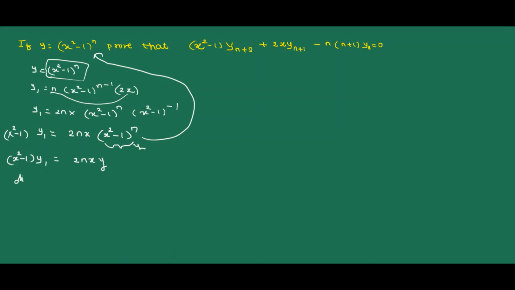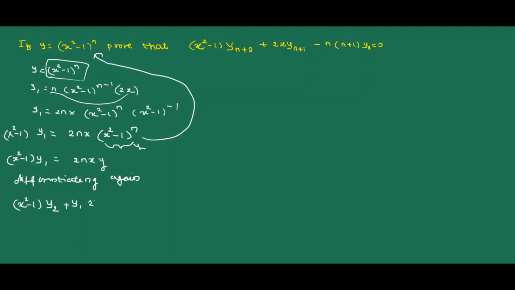Differentiating again, first term x² - 1 as it is. What is the differentiation of y1? The differentiation of y1 is y2, plus y1 as it is.